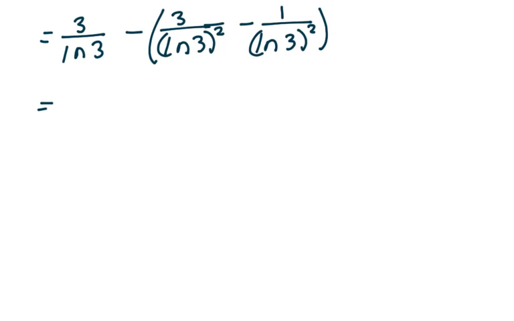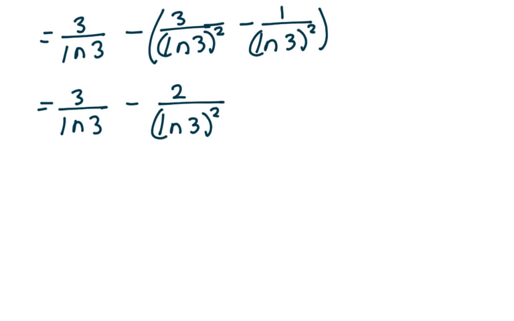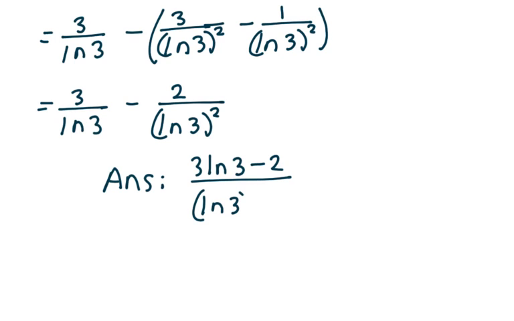And so if I combine, I get 3 over natural log of 3 minus 2 over natural log of 3 to the second. And so the answer here to example 4 is 3 natural log of 3 minus 2 divided by natural log of 3 squared.